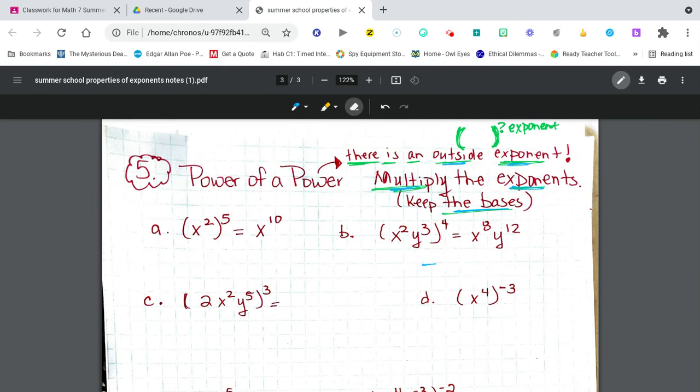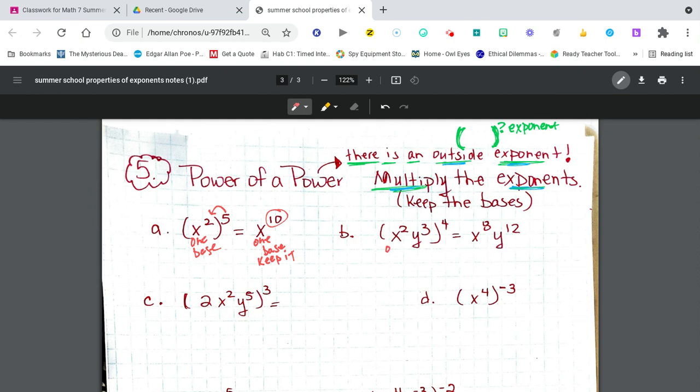So basically, we're just going to multiply. Keep the bases the same. So if you look here, I got my 1 base x already. I'll keep my 1 base x. You just keep it. But I multiply the two exponents. 5 times 2 is 10. I'm done. That's all you do.